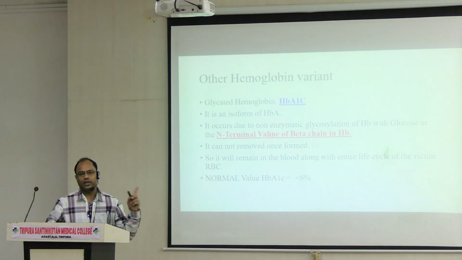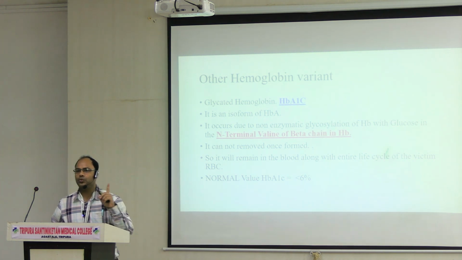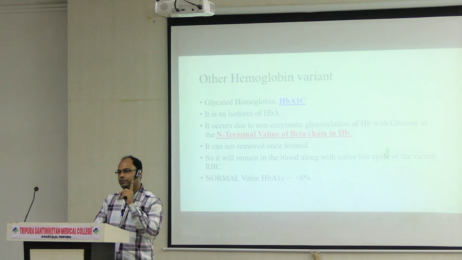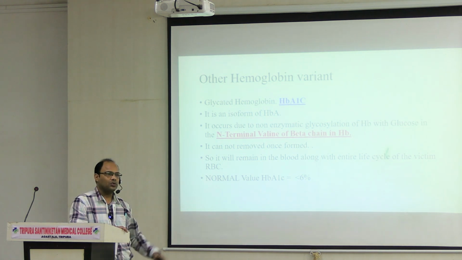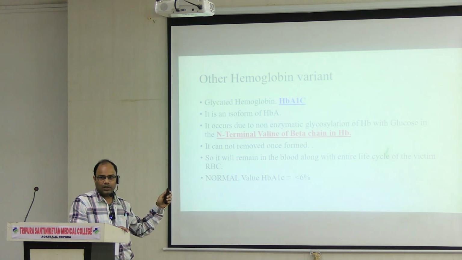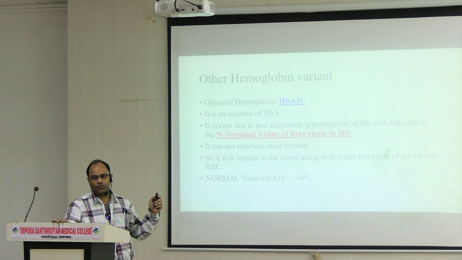So this is only in adult hemoglobin. Please remember, if you are going to test a newborn baby, say a newborn suffering from diabetes, can we find the HbA1c level or not?